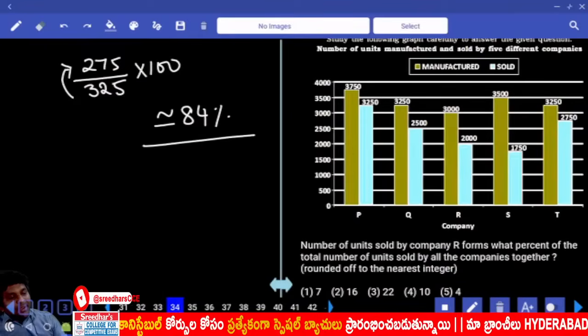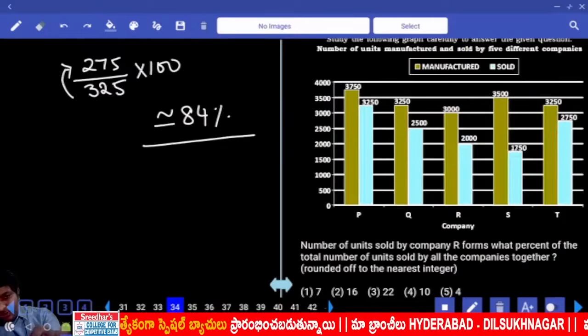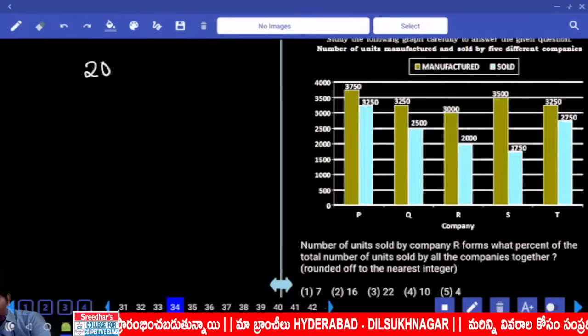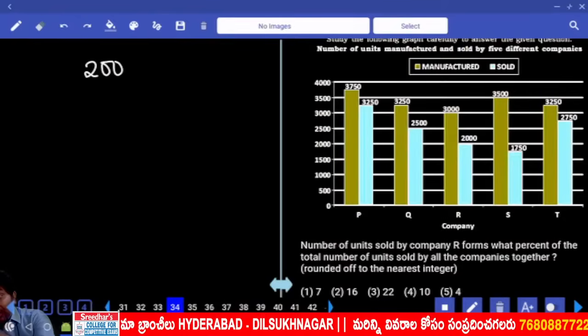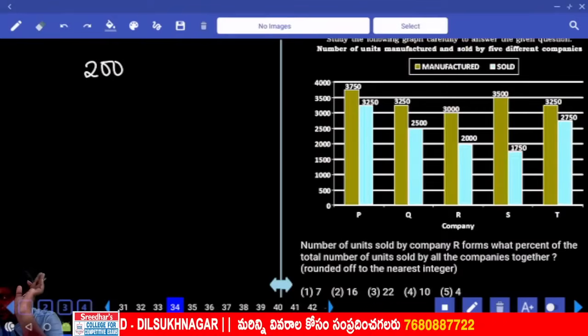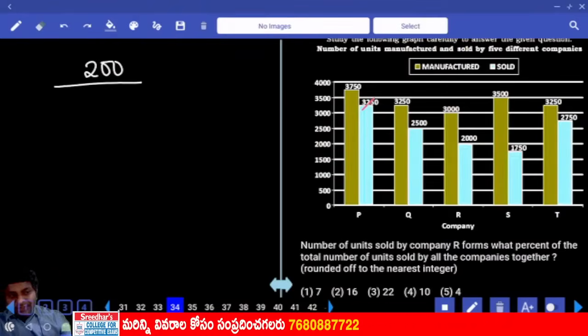Number of units sold by R forms what percentage of the total number of units sold by all the companies together? Sold items by R. How much is that? 2000. Let me treat it as 200 because when you look at all sold items, everywhere 0 is common. Correct? So divided by 325, 275.